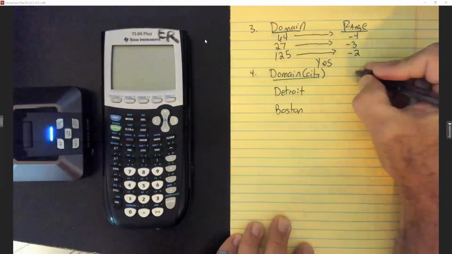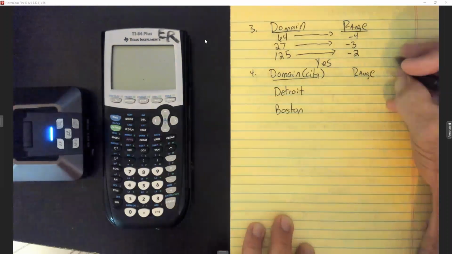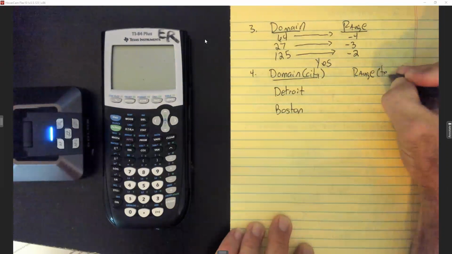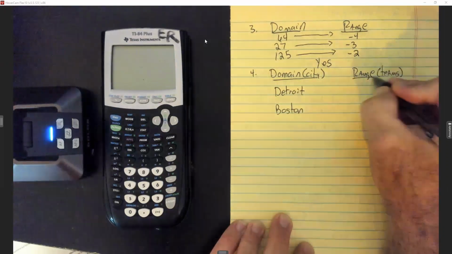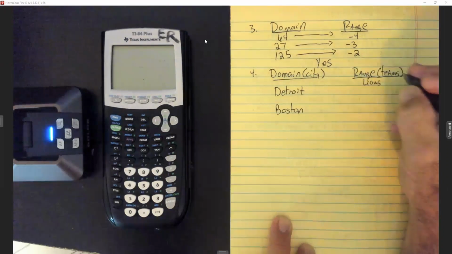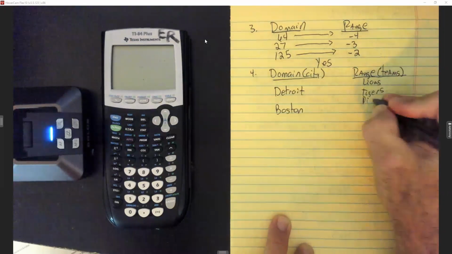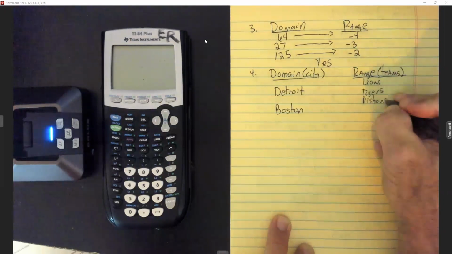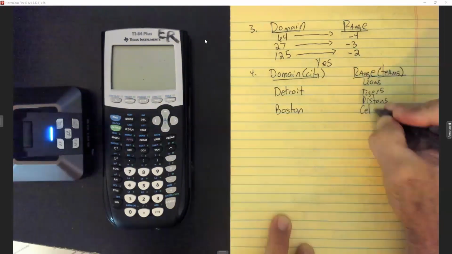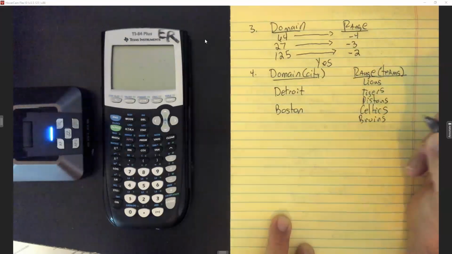My range is actually going to be teams. So like sporting teams. So over here I got Lions, Tigers, Pistons, Celtics, Bruins, and Red Sox.